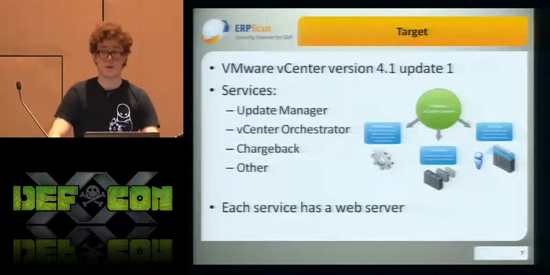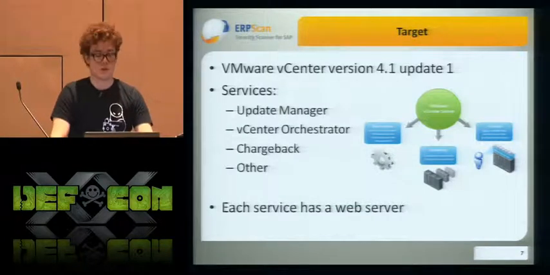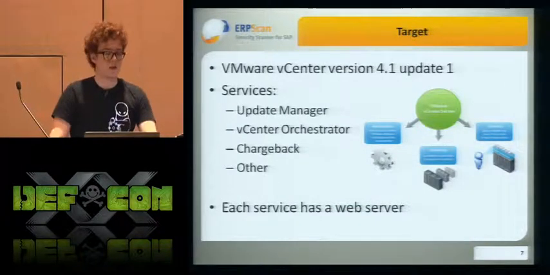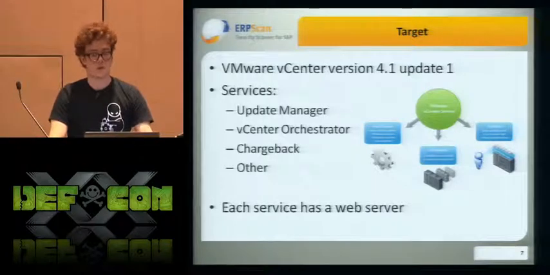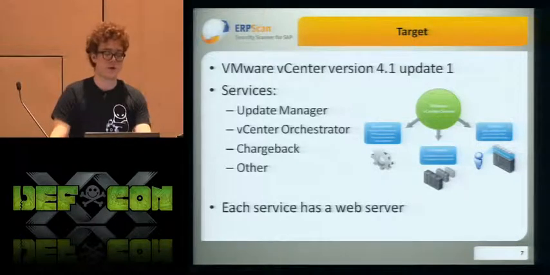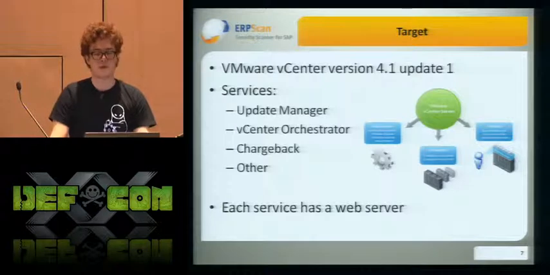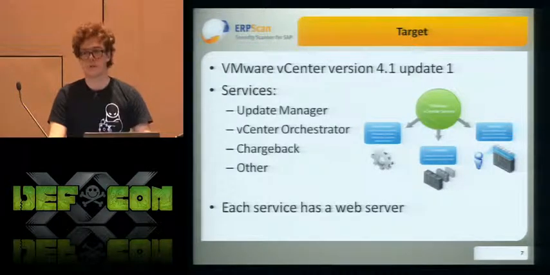So we had vCenter version 4.1 update 1. There are a lot of services on vCenter, like Update Manager, Orchestrator, and Chargeback, and each service has a web server and usually uses Java technology.